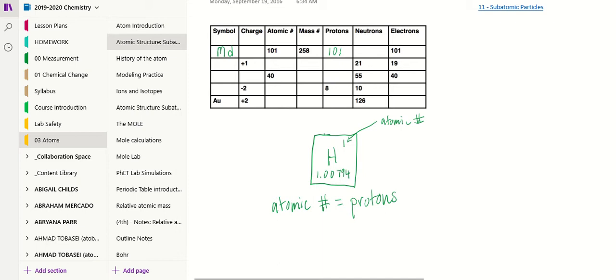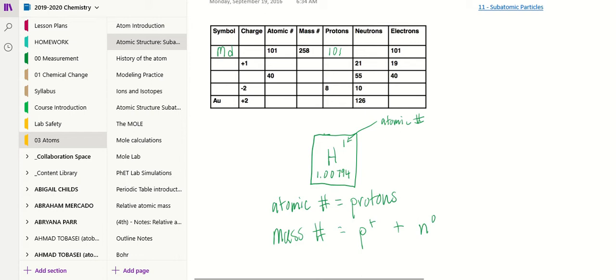So, what makes up the mass of an atom? Neutrons and protons when you sum them. Mass number equals protons plus neutrons. Why do I not include electrons in this?